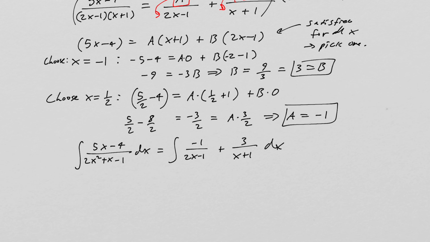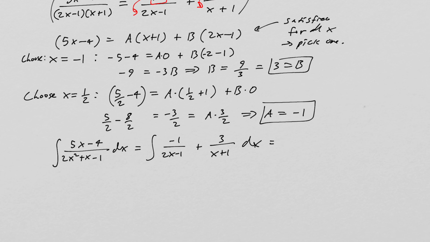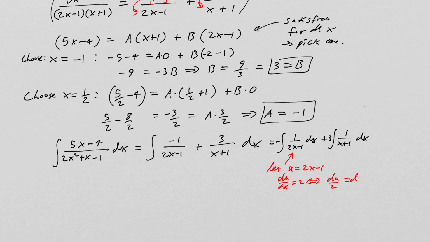Right? So for this problem, we can always break it up into two smaller integrals, bring the constants out front. Okay. For this one, though, I'm going to let u equal 2x minus 1. du dx is going to be equal to 2. And that means, of course, that du over 2 is equal to dx.